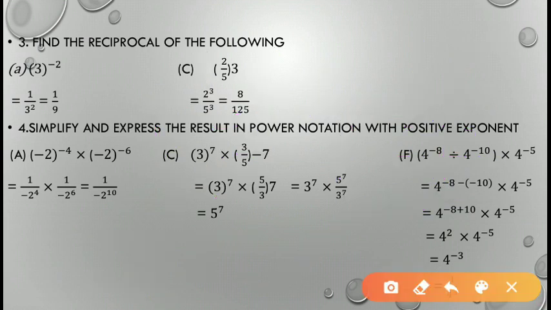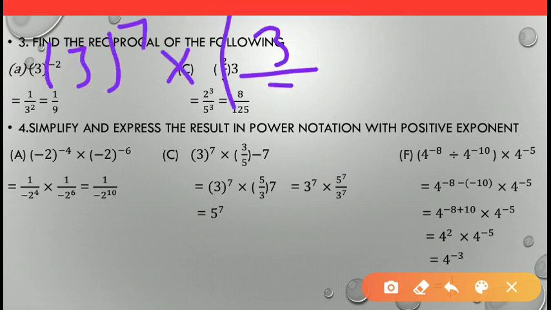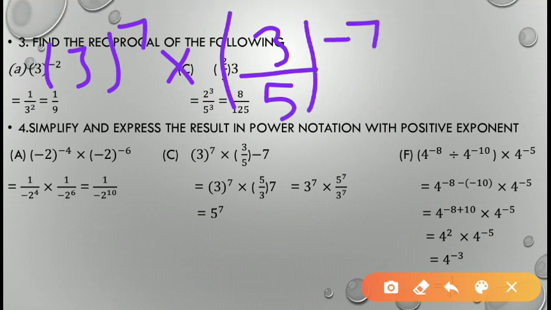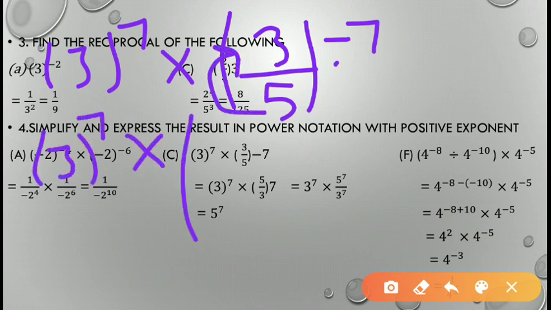Next is 3 to the power 7 into 3 by 5 whole to the power minus 7. First of all convert this minus into plus. This 3 to the power 7 will be as it is, into the reciprocal, 5 by 3 to the power 7.